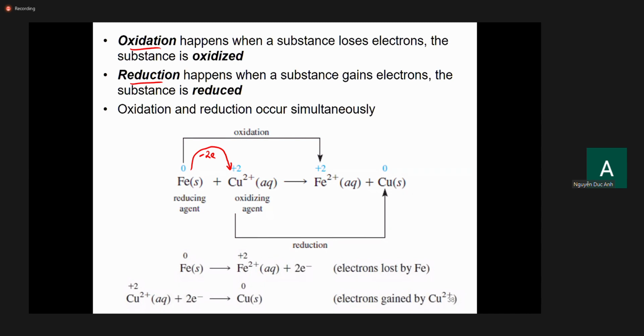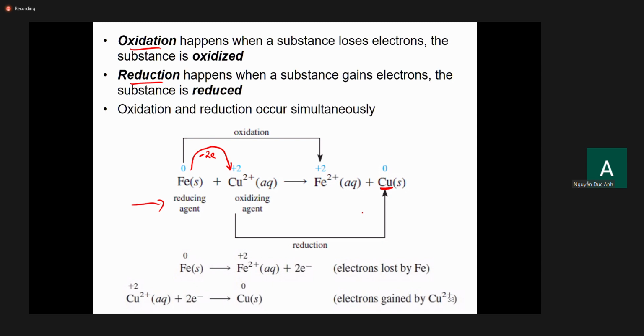And be careful, the substance involved in the oxidation is the reducing agent. In the reverse, the reduction process happens when a substance gains electrons. So copper 2+ gets 2 electrons from iron and forms copper 0.